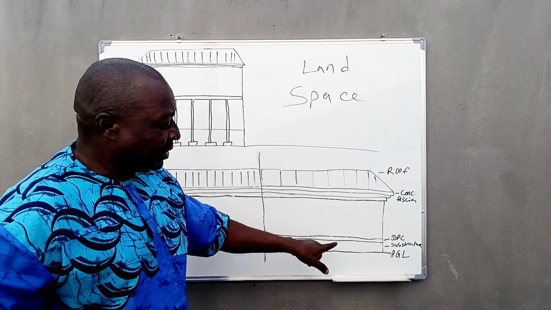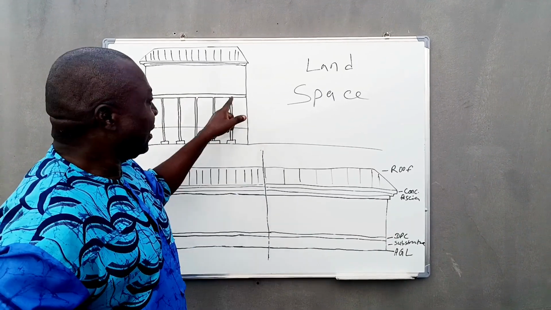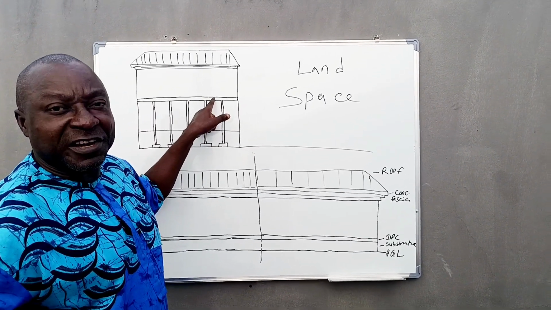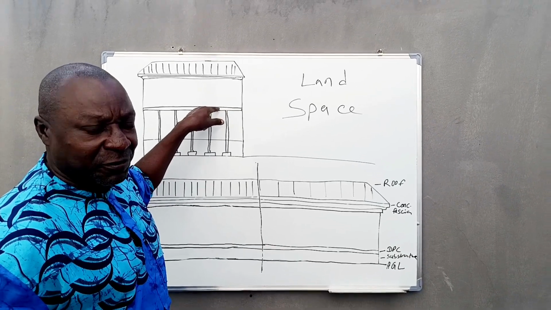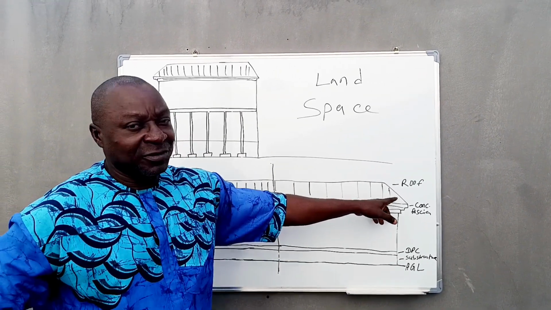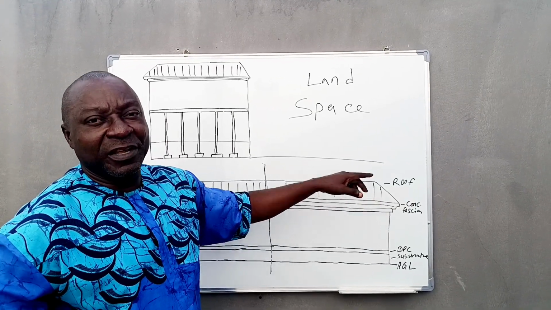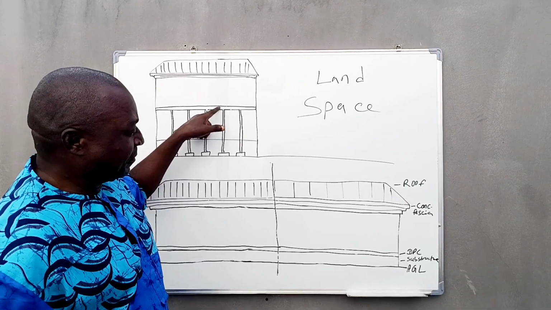I told you the concrete of this DPC is what is here. We only have to increase the cement concentration, that is, get the exact mix ratio. Then the cost of everything here, the roof that is not going up, will be used now to purchase all reinforcements for this.